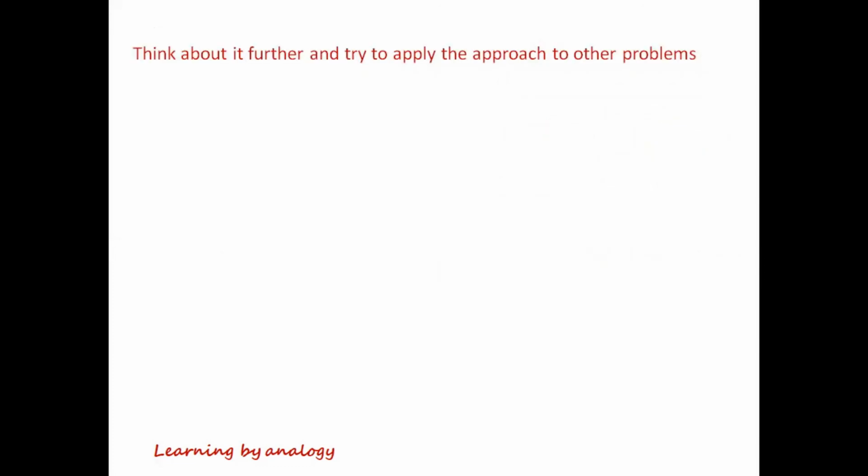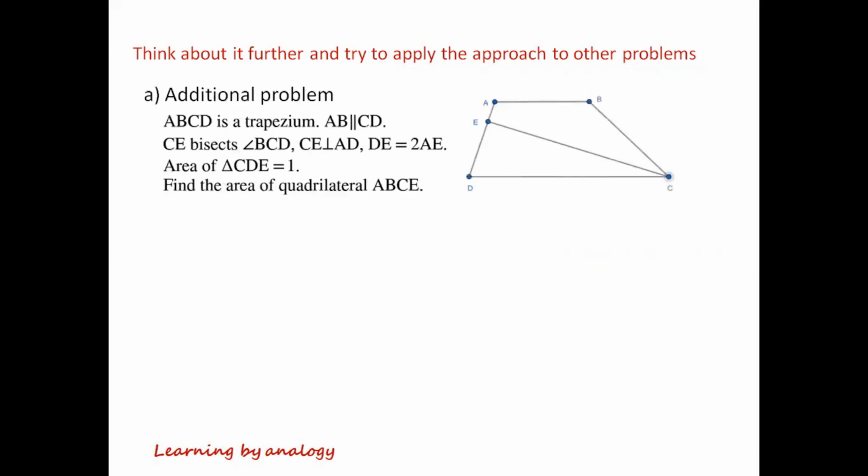Think about the thought process for the previous question further and try to apply the approach to other problems, such as this one. ABCD is a trapezium. AB is parallel to CD. CE bisects angle BCD.